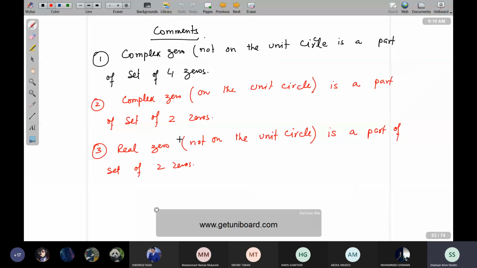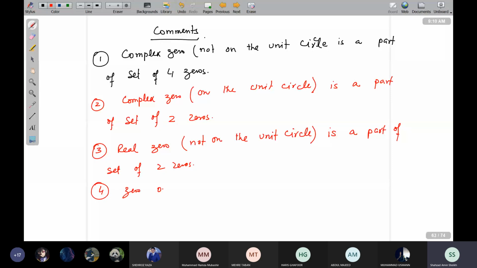Now एक और जीरो मौजूद है जो कि यूनिट सर्कल पे है अगर रियल। So 0 on z is equal to plus minus 1, that is on the unit circle, but on the real axis can appear by itself.